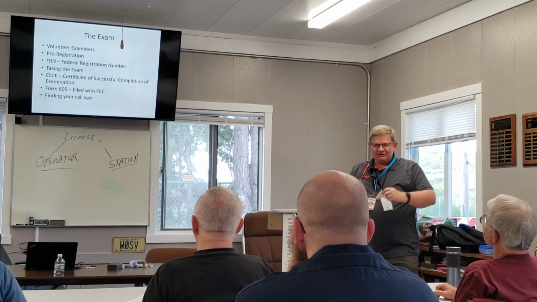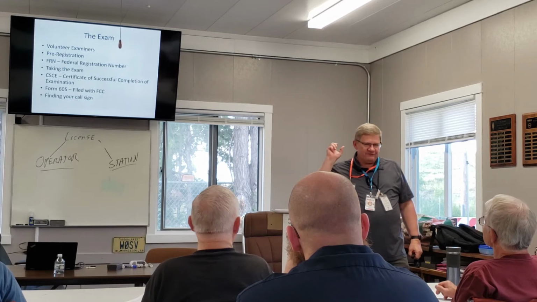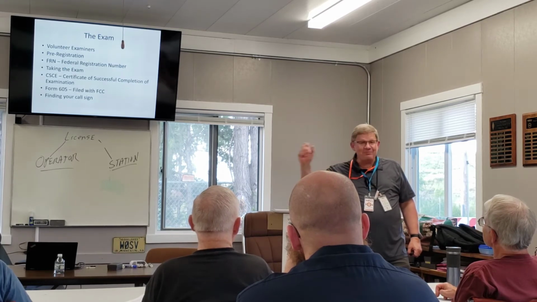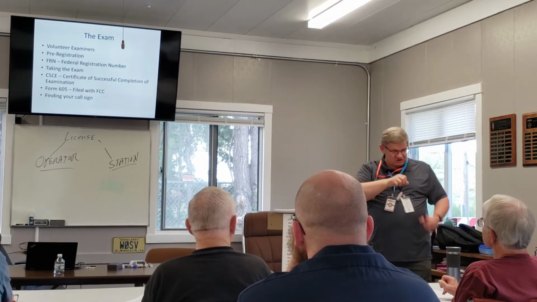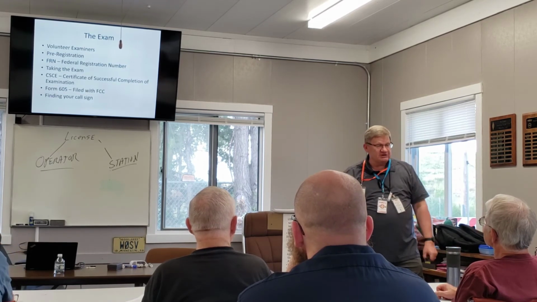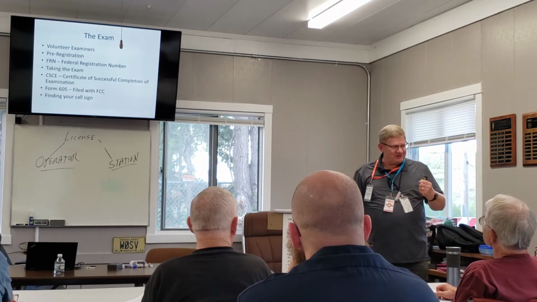It's a document that says, hey, I took Element 2 for the technician class license, and I passed it. And all three of these guys sign it. That's basically your receipt that you passed it.